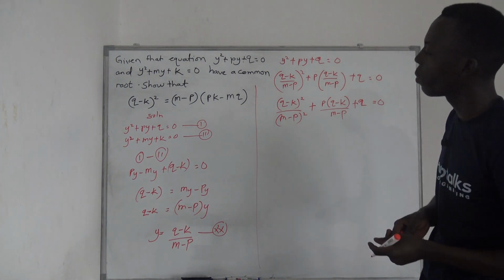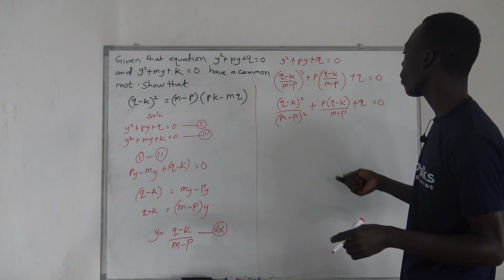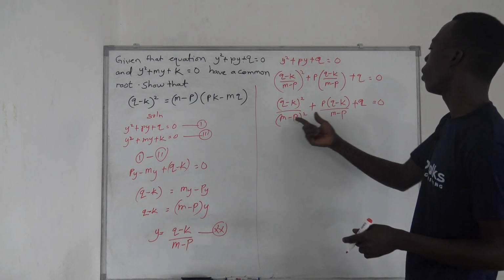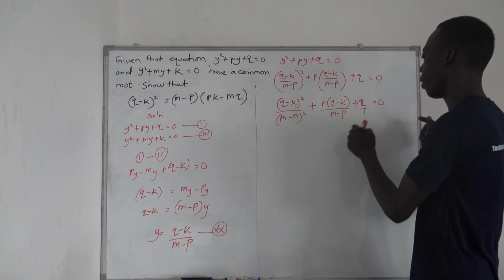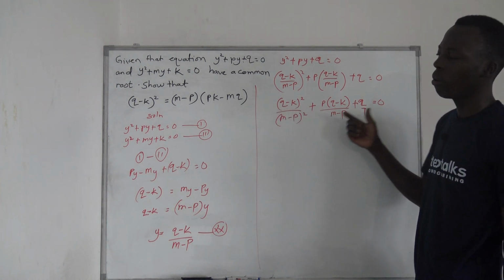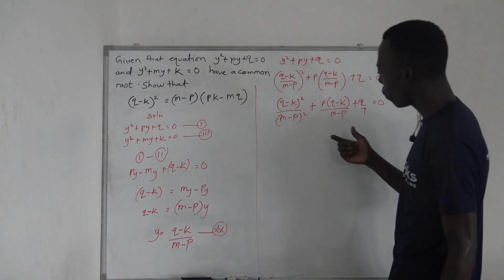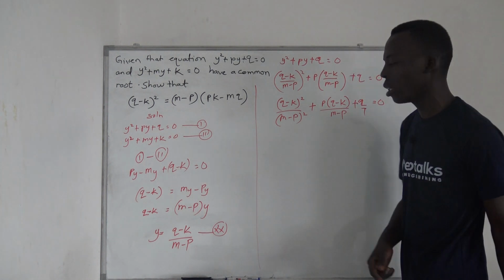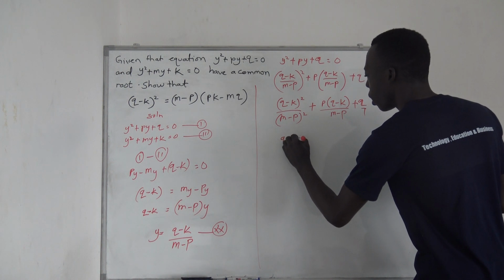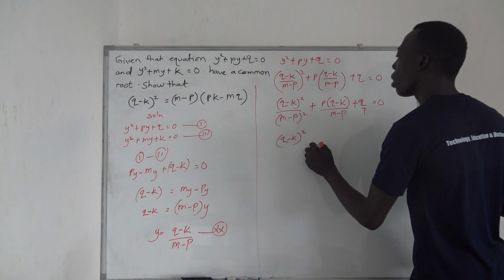So now what we do, we get the LCM of this one and this. After getting the LCM, we multiply all through by the LCM. So the LCM is (m minus p) squared. Multiply here, so you remain with (q minus k) the whole thing squared.